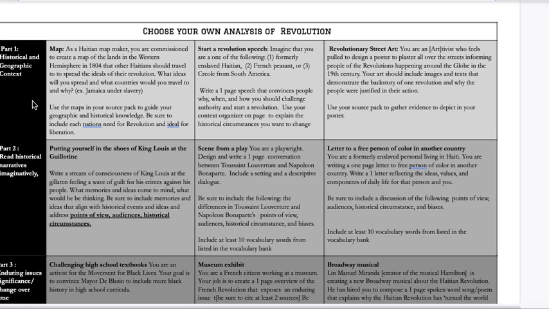So part 1 of the choice board analysis, you have an option to make a map. Now with this map, you are a Haitian revolutionary and you are deciding places to go around the Western Hemisphere. So that's around the Caribbean, around South America, around Latin America, maybe even North America if you're going to go and tell the American enslaved people to turn up.